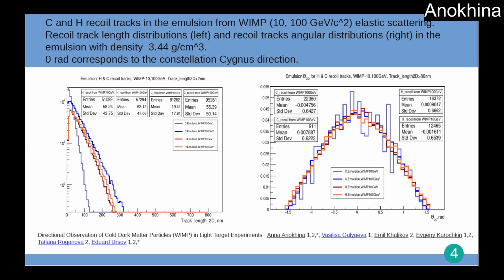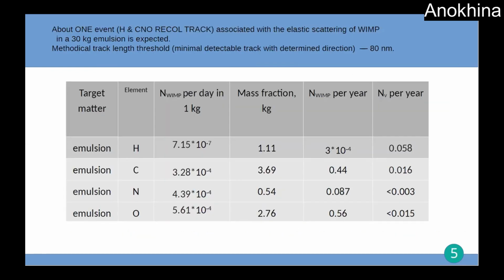The zero direction corresponds to the Cygnus constellation. After applying a threshold limit on the track length, it becomes clear that only about one event associated with elastic WIMP scattering can be expected in our emulsion.